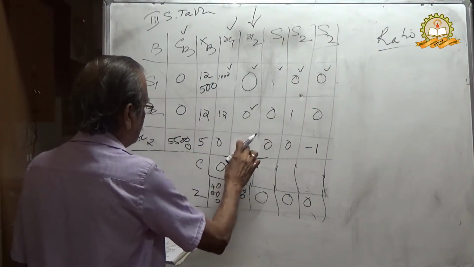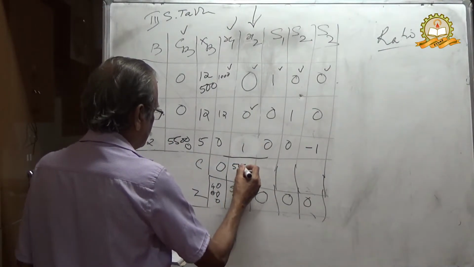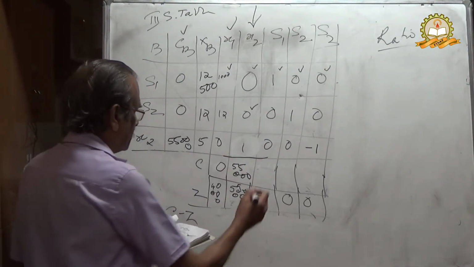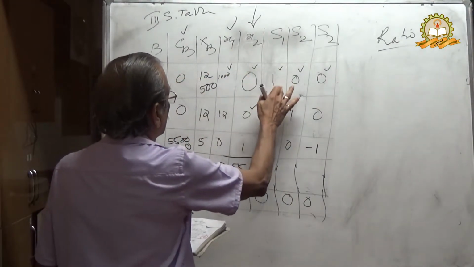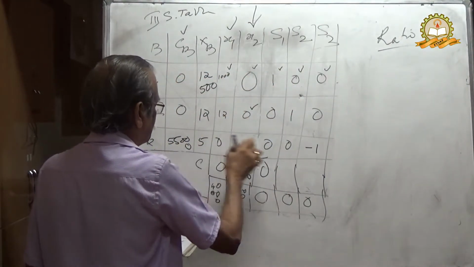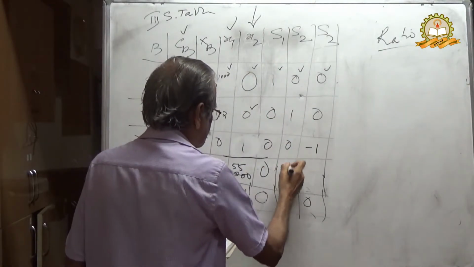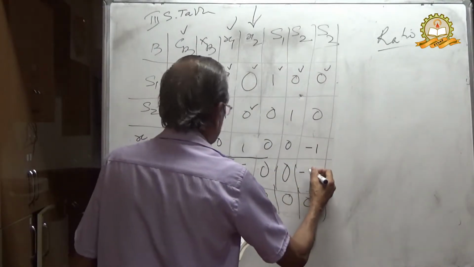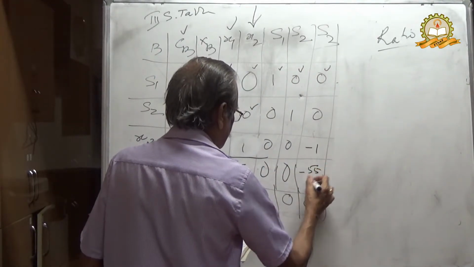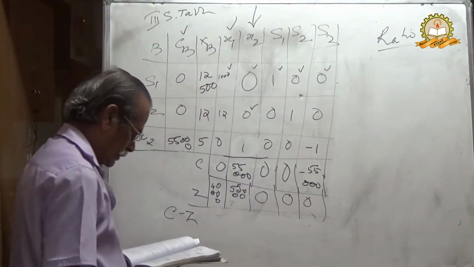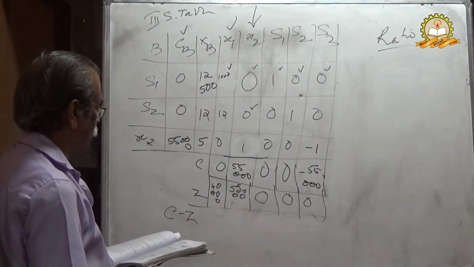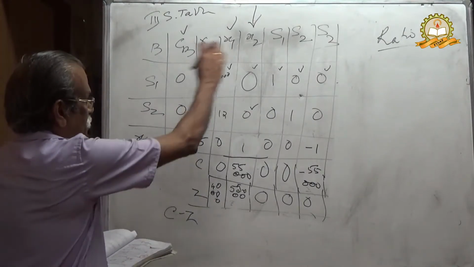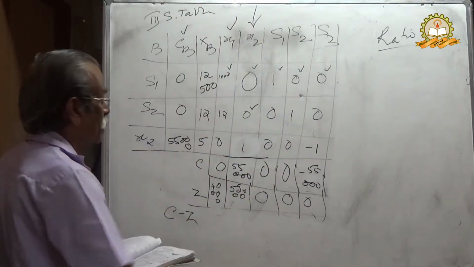Then 55 into 1, 55,000. Here it will be 0, 0 into 1, 0 into 0, 55, 0. Again this will be 0. And the last S3 will be negative 55,000. That is your third simplex table, with all the cell values written.